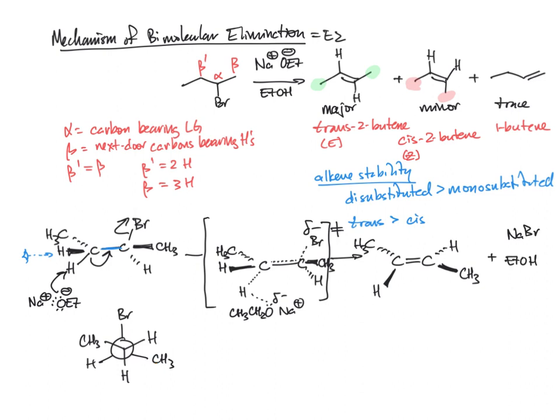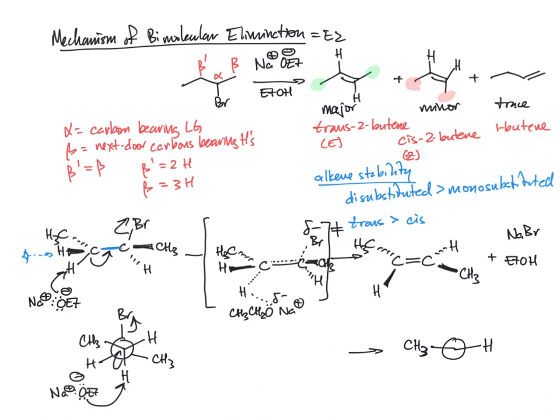So if we were to represent this in the Newman projection, with sodium ethoxide, you would see from that, if we just drew the Newman projection, there's your front carbon.